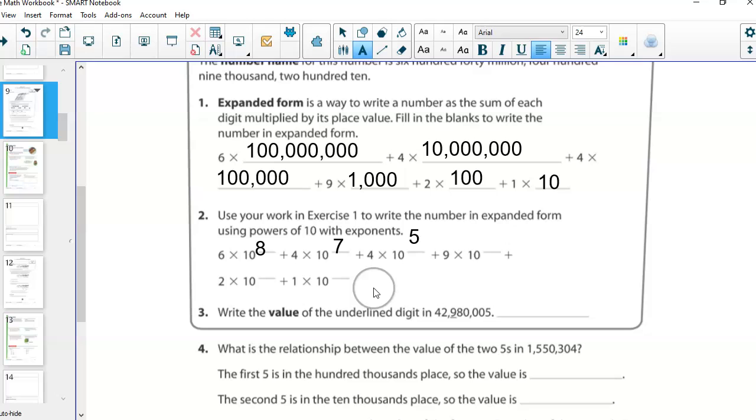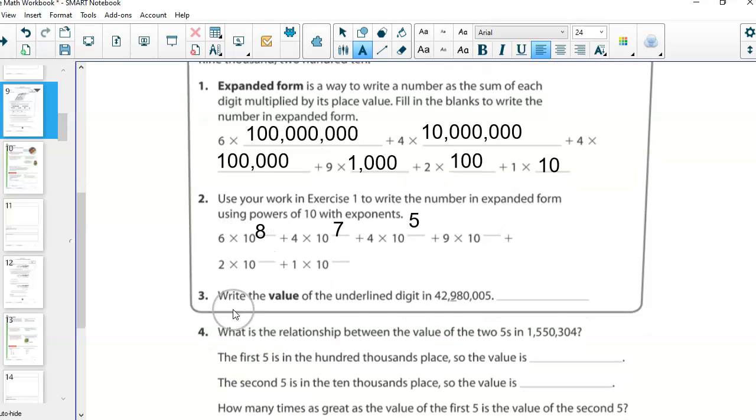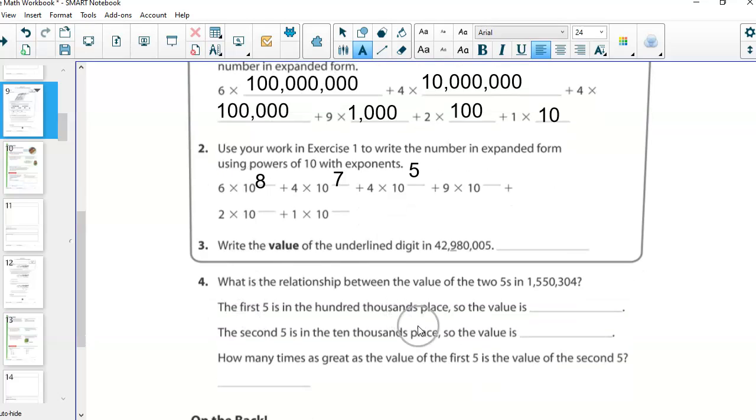So now I'm going to have you finish numbers 2 and 3 on your own. We're going to go down to number 4 and talk about number 4 together. On number 4, it says the first 5 is in the 100,000s place, so what is its value?